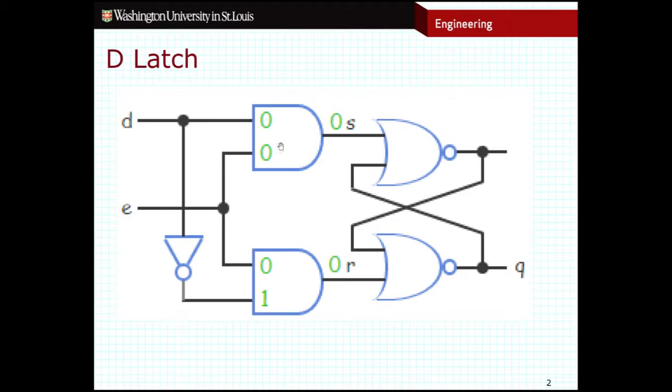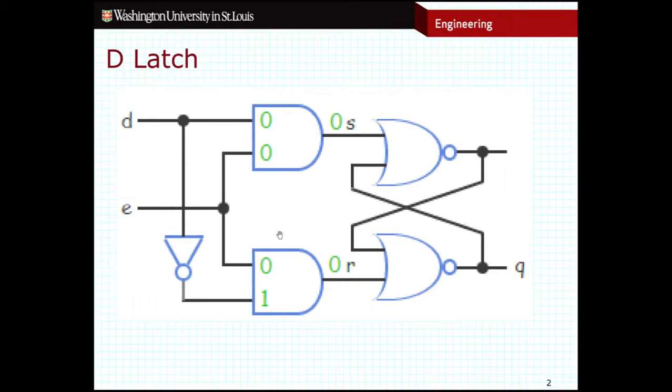There is no possible way for these AND gates to both be outputting ones at the same time because of this inverter. That's a very important point because that helps us avoid the condition of the SR latch that we did not want to be in, right? S and R should never be 1 at the same time. These two AND gates ensure that that can never happen, that we will never enter that undesirable state.